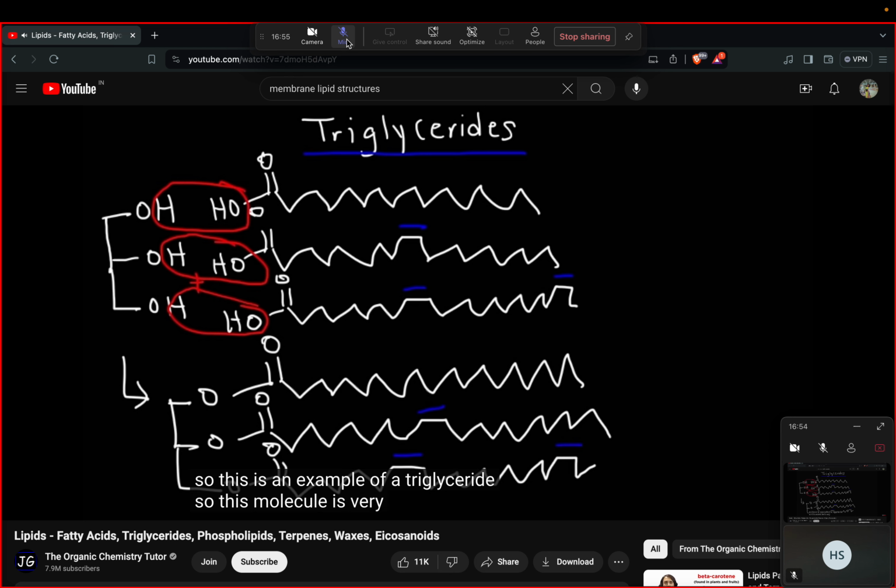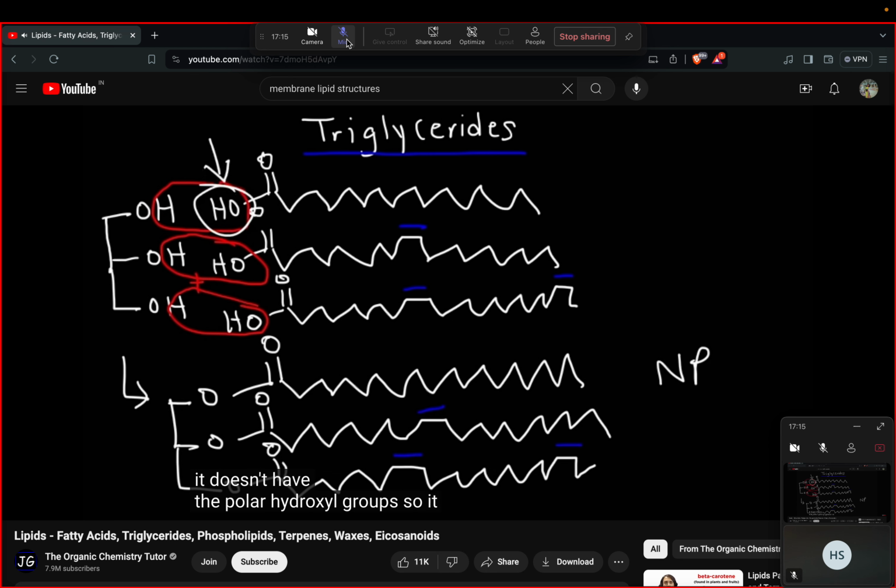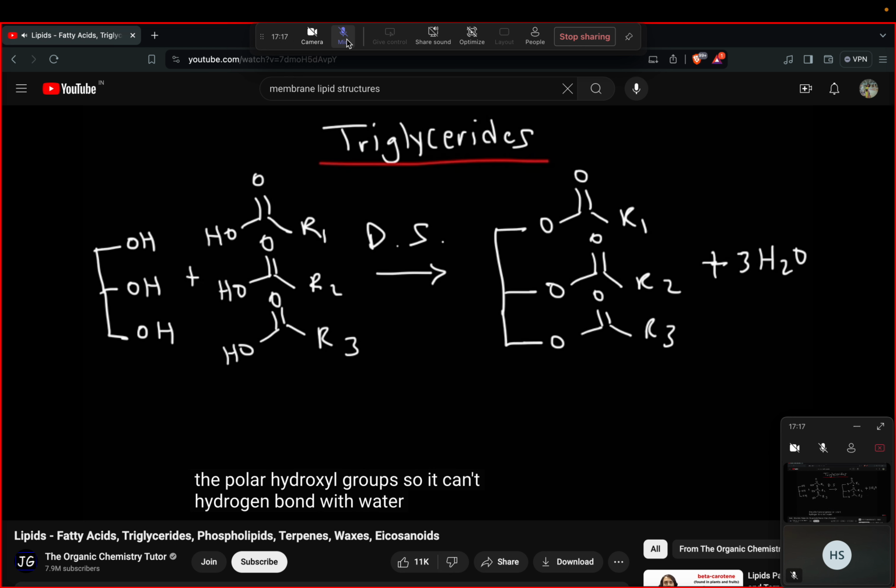This molecule is very useful for long-term energy storage. That's one of its major functions. You can pack a lot of energy into this molecule. The triglyceride is nonpolar. It doesn't mix well with water. It doesn't have the polar hydroxyl groups, so it can't hydrogen bond with water.